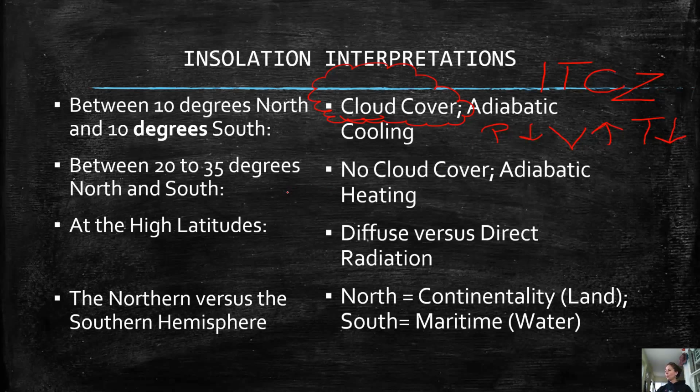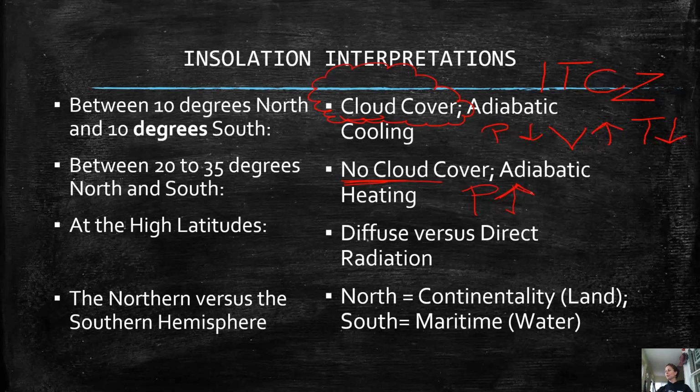Then we saw at 20 to 35 degrees north and south of the equator, that sinking air all year long creates no cloud cover, permitting insolation to reach the Earth's surface all year long. That sinking air, because it's cold and more dense, creates a pressure that increases.